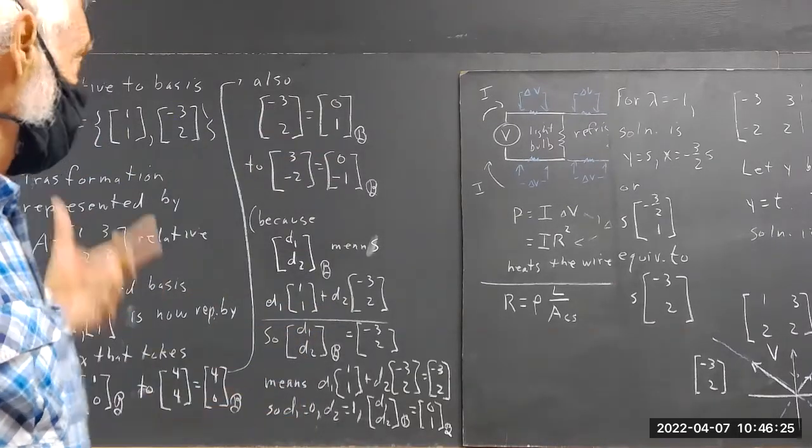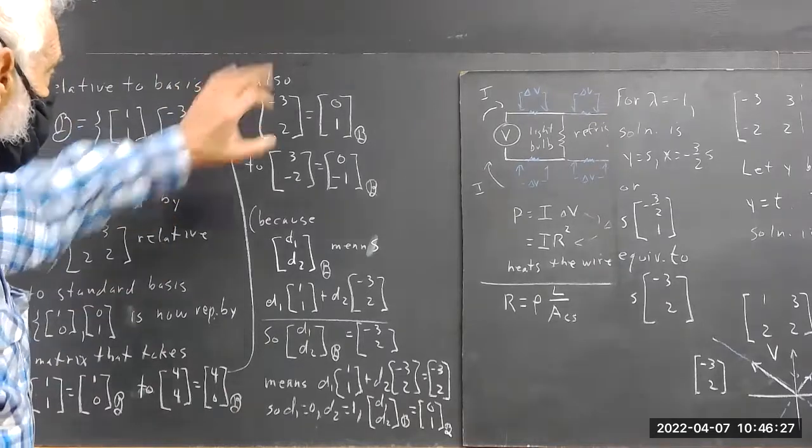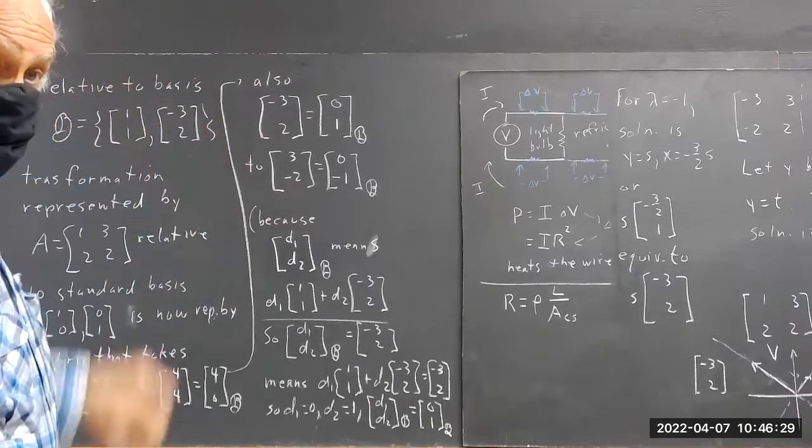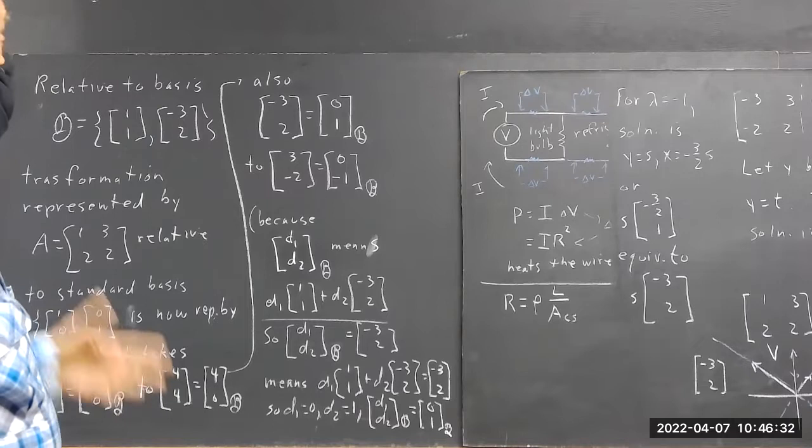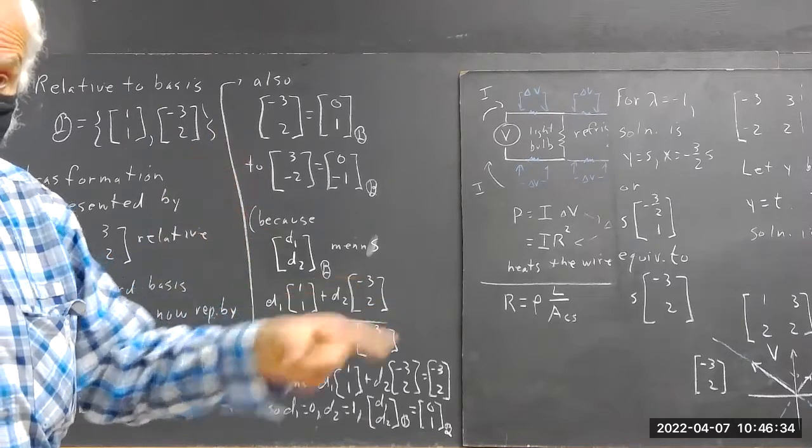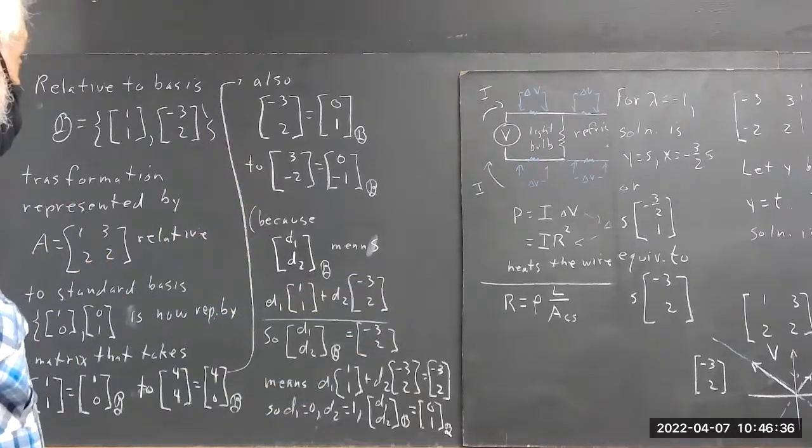But of course, in this case, this is just a multiple of one of these two vectors, and it turns out the multiple is just 1 times that vector.